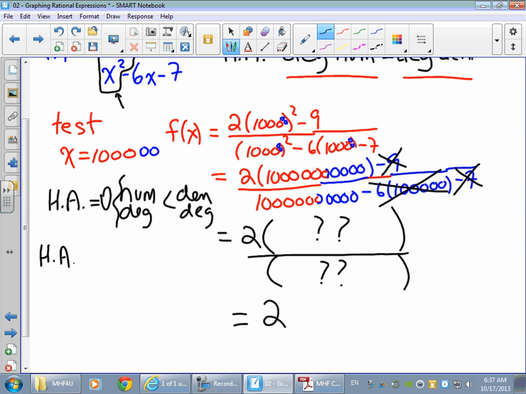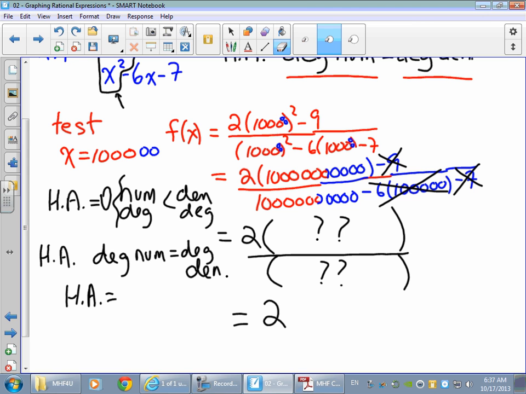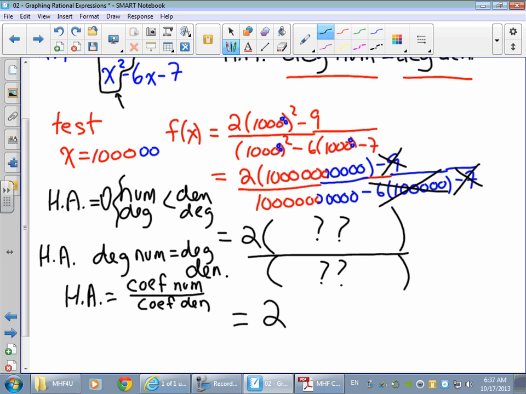When the degrees are equal, the horizontal asymptote ends up being the coefficient of the numerator divided by the coefficient of the denominator.